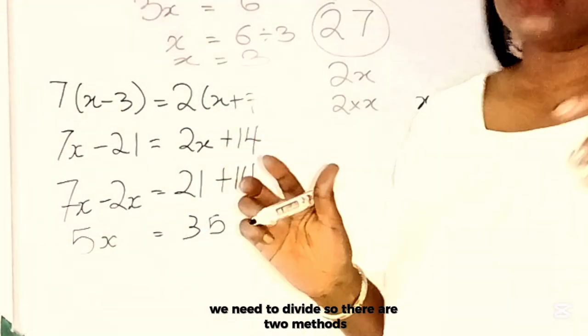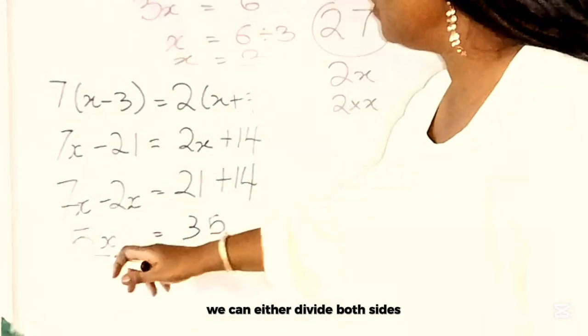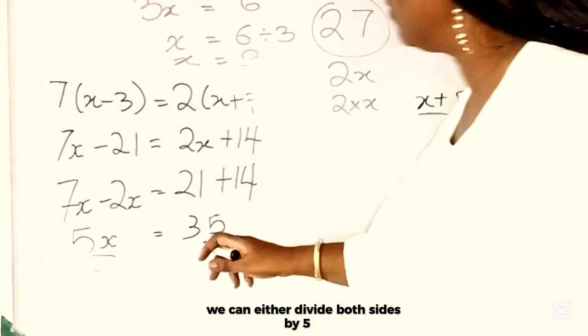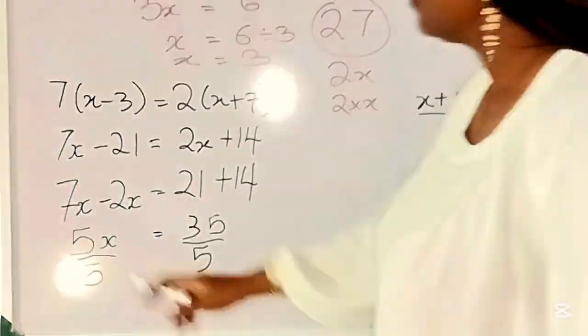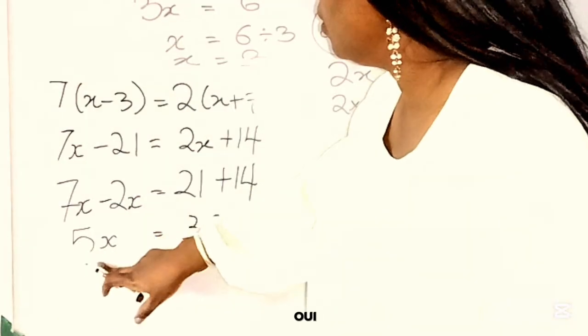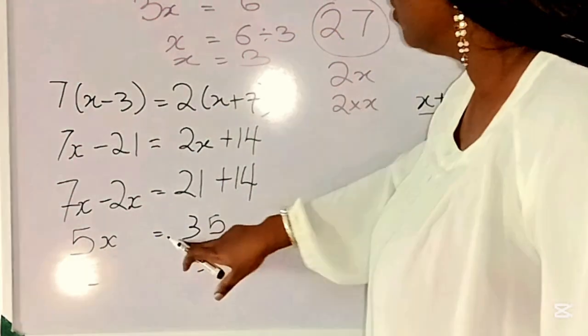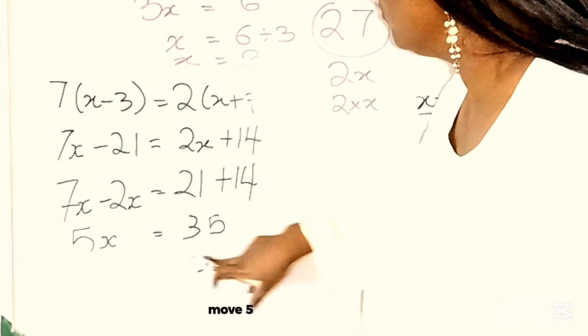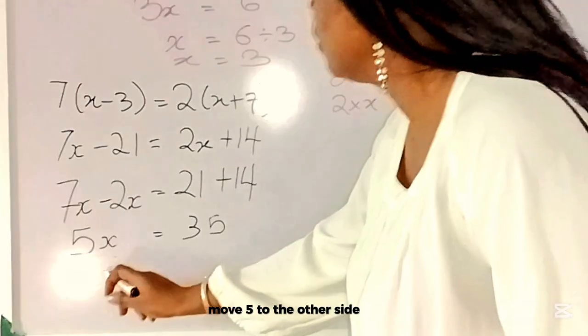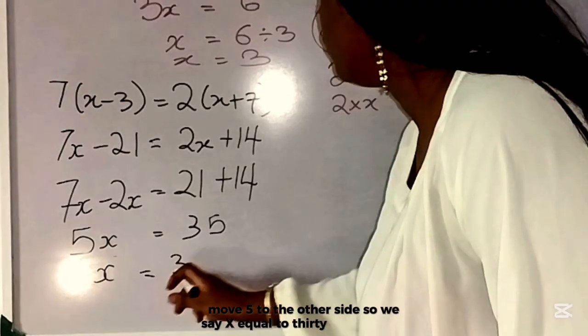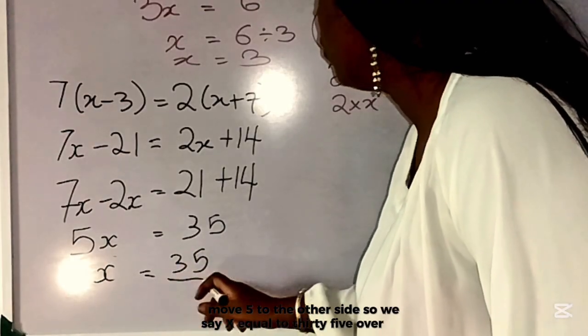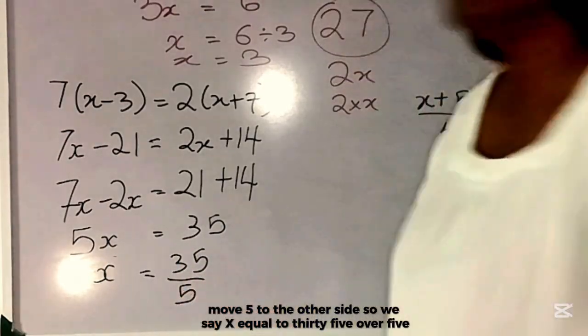So there are two methods. We can either divide both sides by 5, or we move 5 to the other side. So we say x equal to 35 over 5.